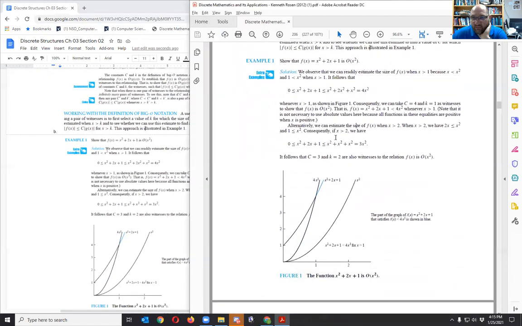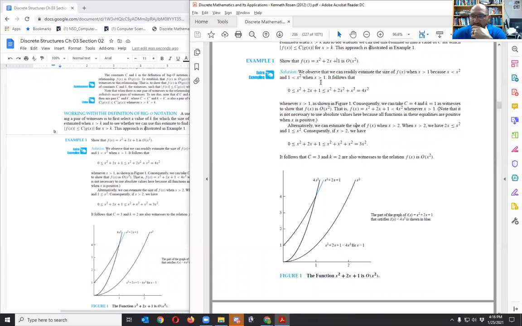So here we've got example 1, and it says show that f of x equals x squared plus 2x plus 1 is big O of x squared. We observe that we can readily estimate the size of f of x when x is greater than 1, because x is less than x squared.